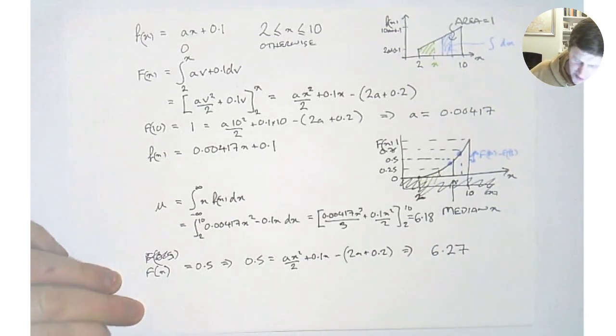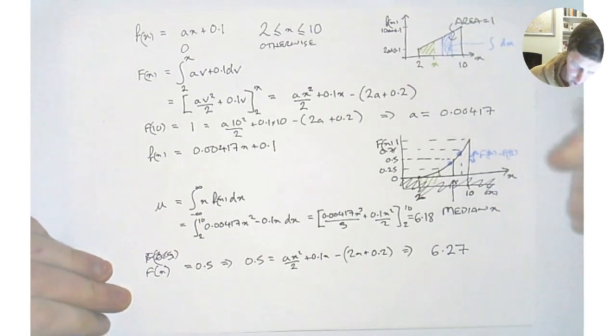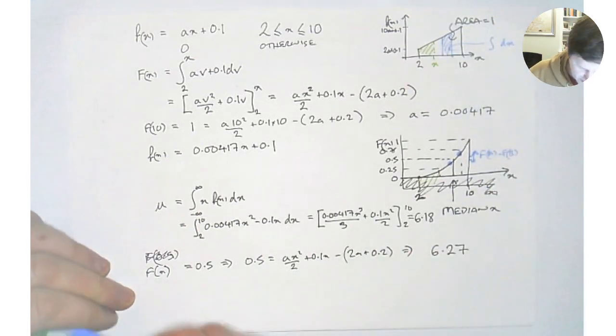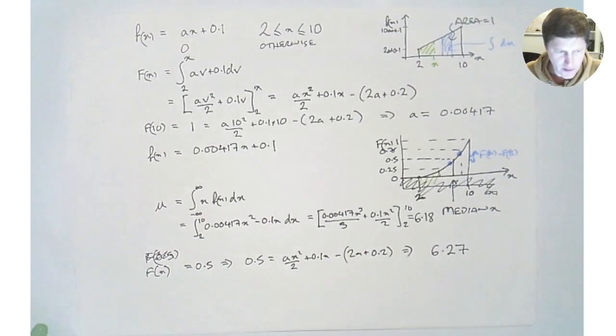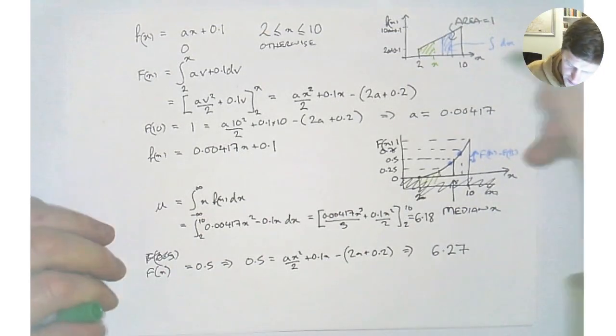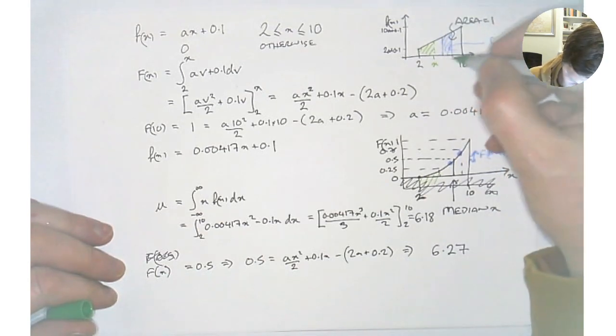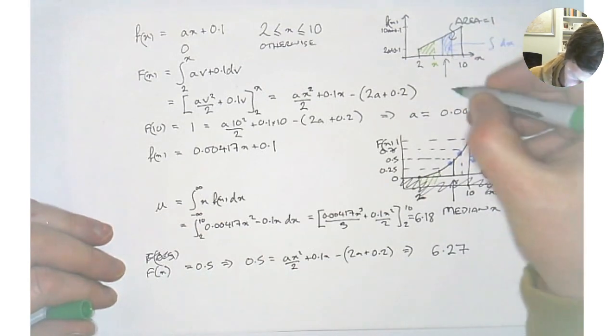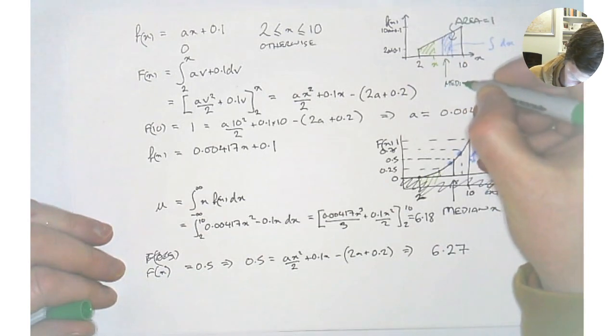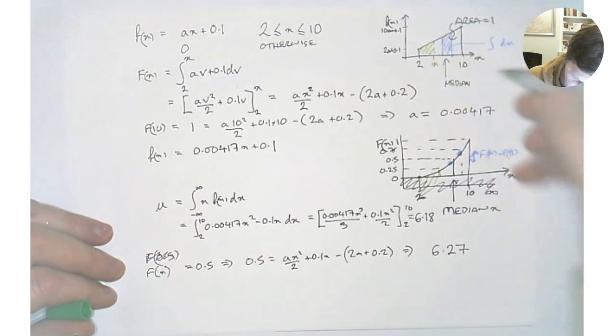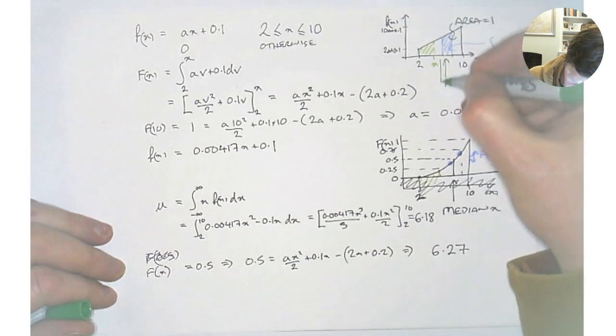Now, does that make sense? So if we look at our data here again, just get a different color. So we found our median somewhere there. Our mean is a little bit to the left of that.